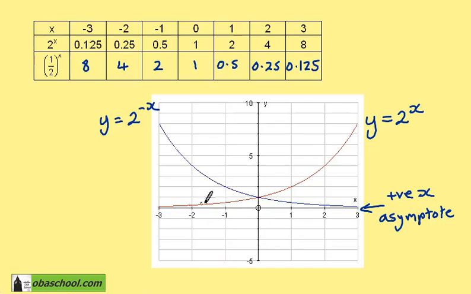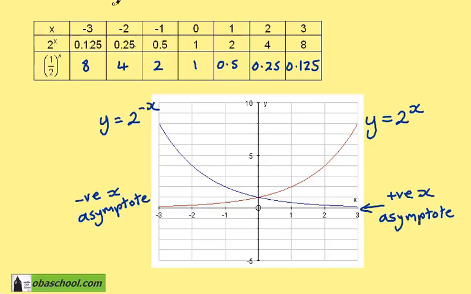For 2 to the x, as we saw before, the negative x-axis is the asymptote. Remember that an asymptote is a line that a curve gets closer and closer to, but never gets there.